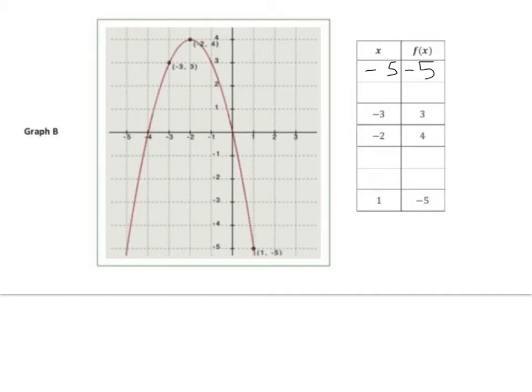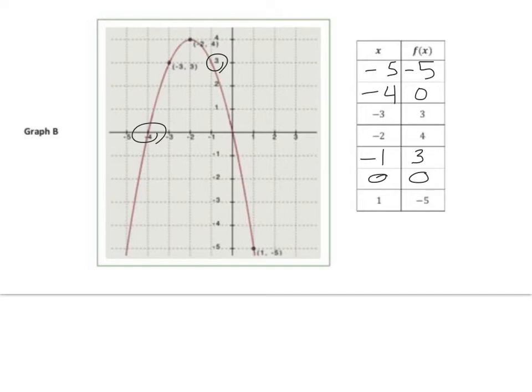Let's see what -4 brings us. -4, 0, -3, 3, -2, 4. Looks like -1 is a point. -1, 3, 0, 0, and 1, -5.